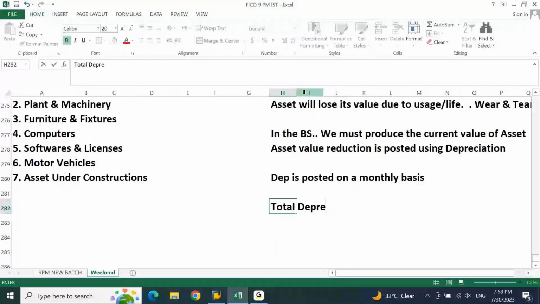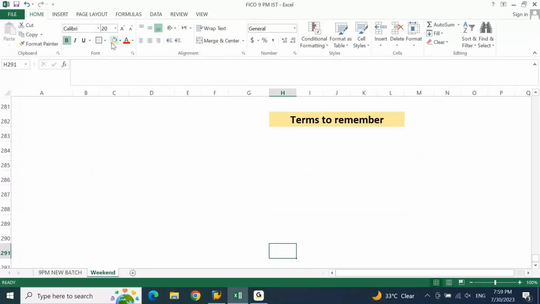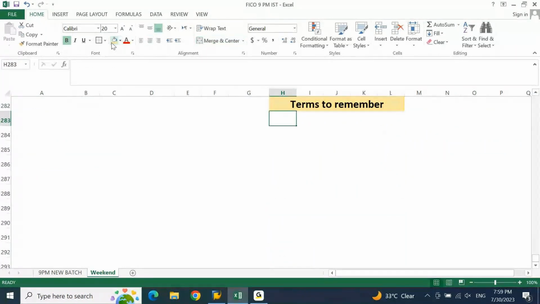Now, there are certain terms that we need to remember with respect to asset accounting. First one, APC or APC value.